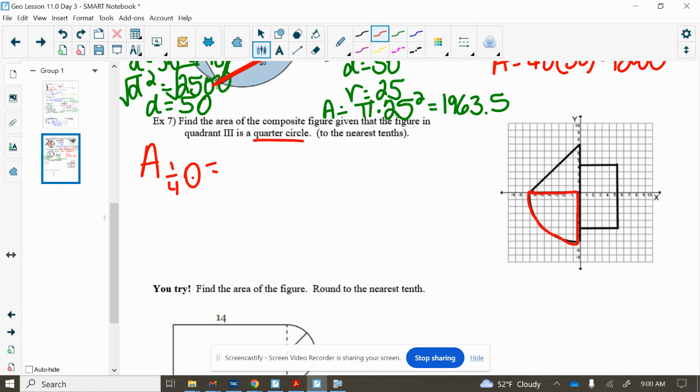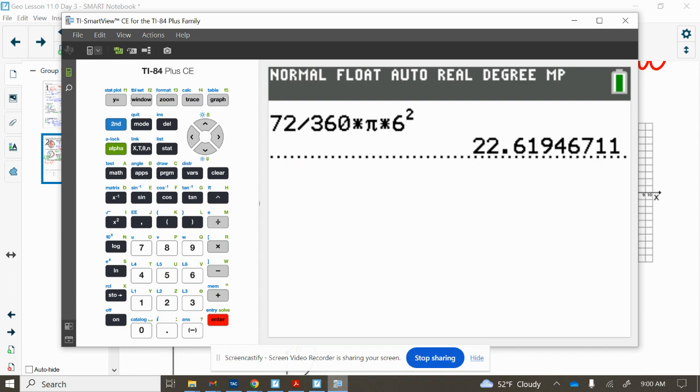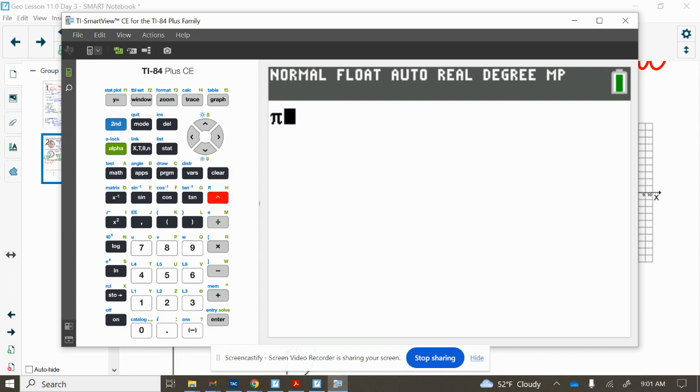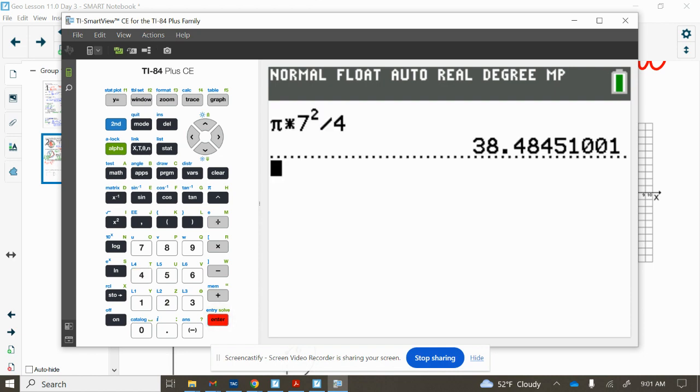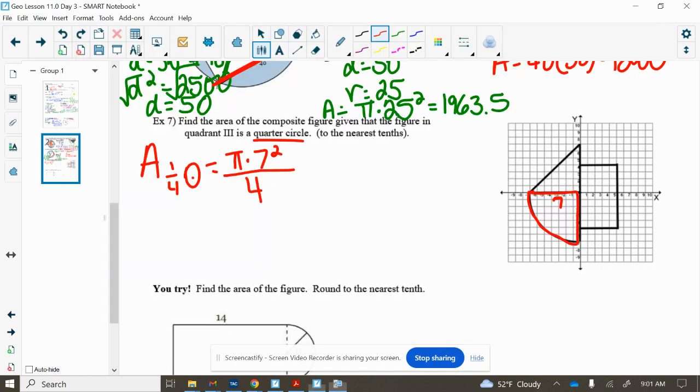And this time, if we count up our units, our radius here is 7. So pi times that radius squared would give us the whole circle. We only want a quarter of it though, so we're going to divide it by 4. So we can take pi times our radius squared divided by 4, and we get about 38.5 for the area of our quarter circle.